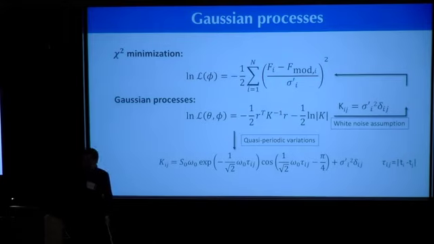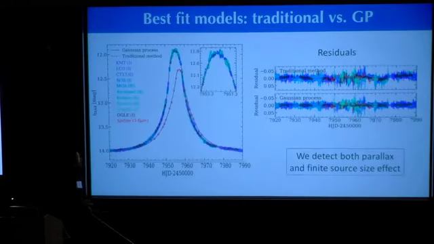You can add in more parameters to take into account correlations on different timescales, but for our purpose, we only use one of these frequencies. This shows the model without intrinsic noise and with Gaussian processes.